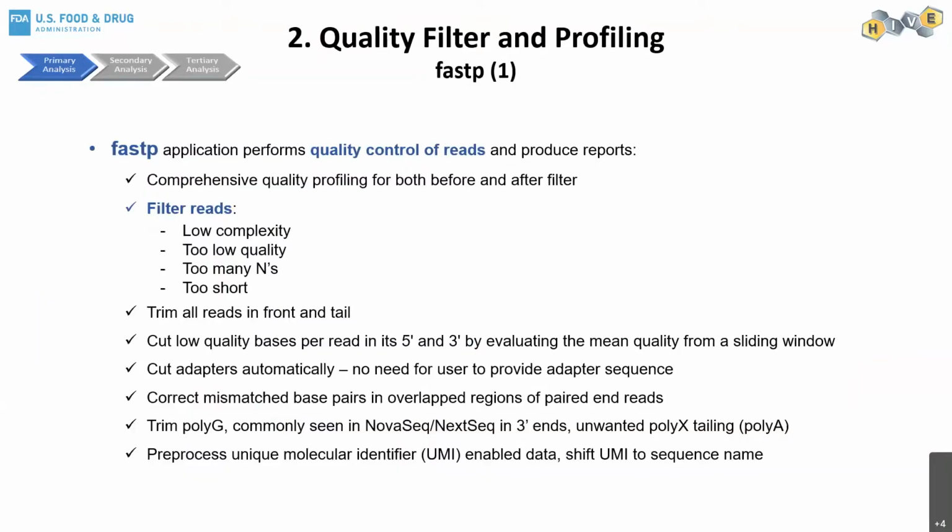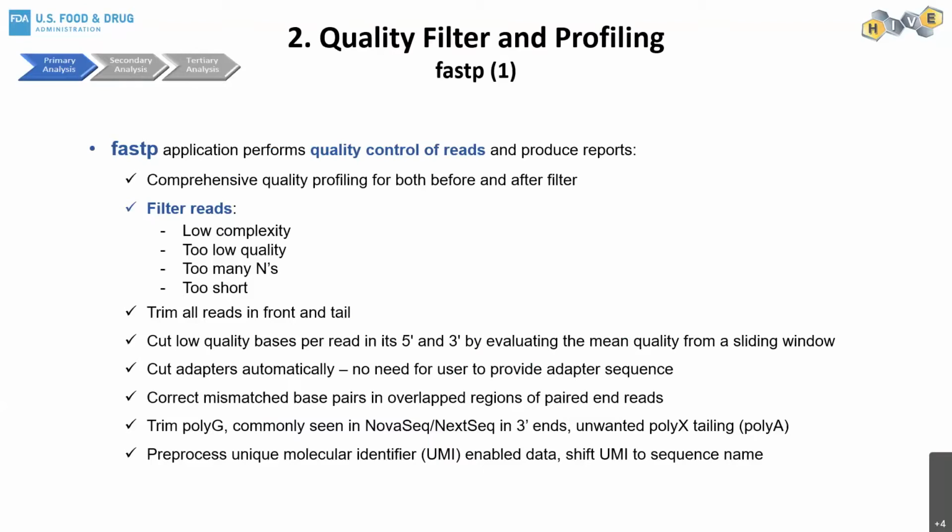Number two, it's quality filter and profiling. For this step, we are using a tool called FastP that allows some quality control of the reads. It produces some reports. It allows us also at the same time to filter those reads. We can filter low complexity, low quality, too many Ns, based on the length.